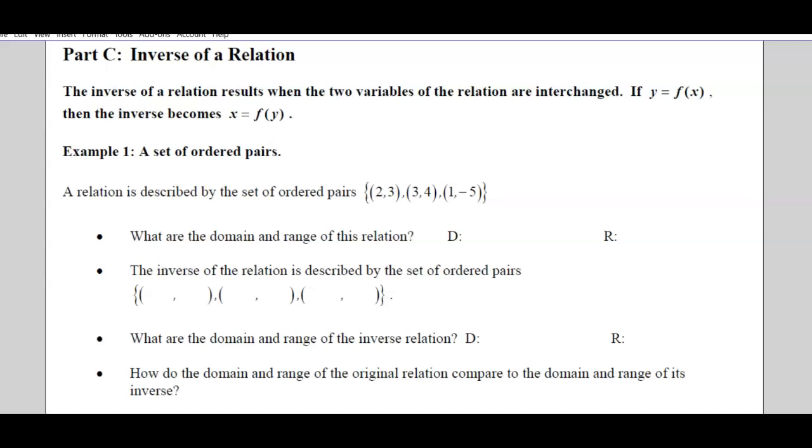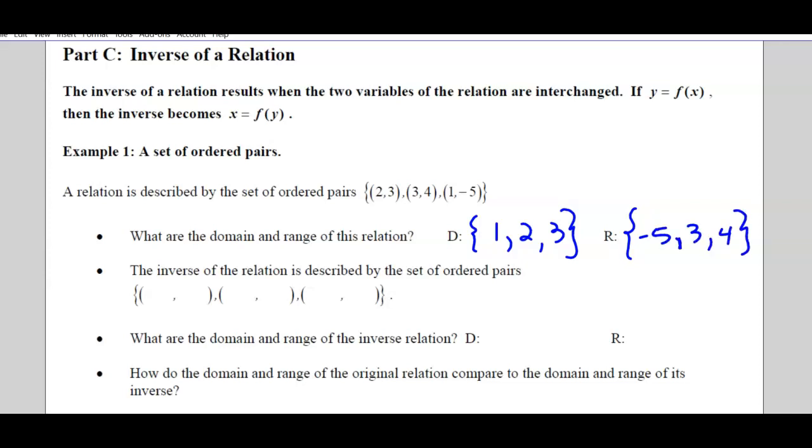So in any case, this is the set of ordered pairs. What is the domain and range? The domain is 2, 3, 1. Actually, I'll put it in numerical order. The range is -5, 3, and 4.